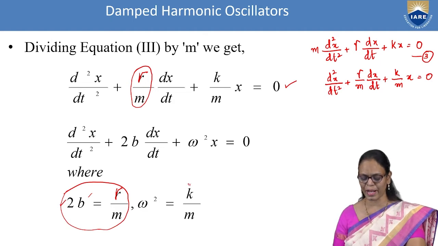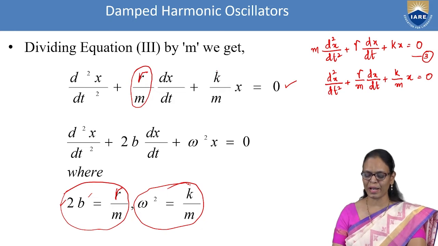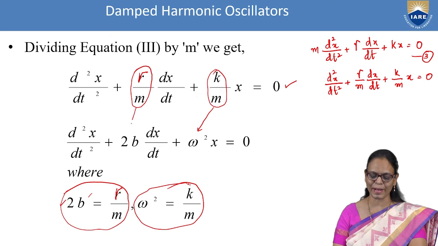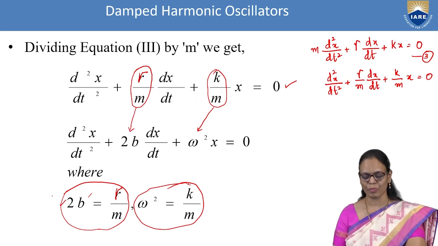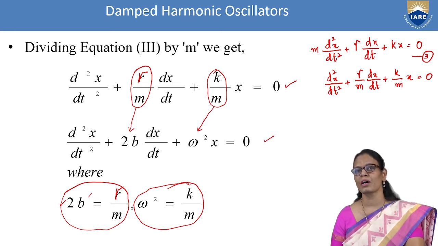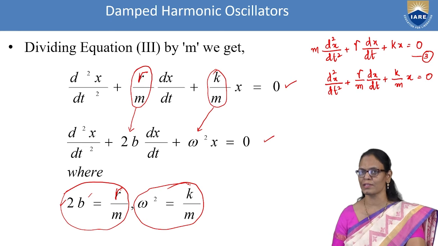So for k by m, we are substituting omega square. What are we going to get? d square x by dt square plus 2b into dx by dt plus omega square x is equal to 0. So this is the expression for a damped harmonic oscillator.